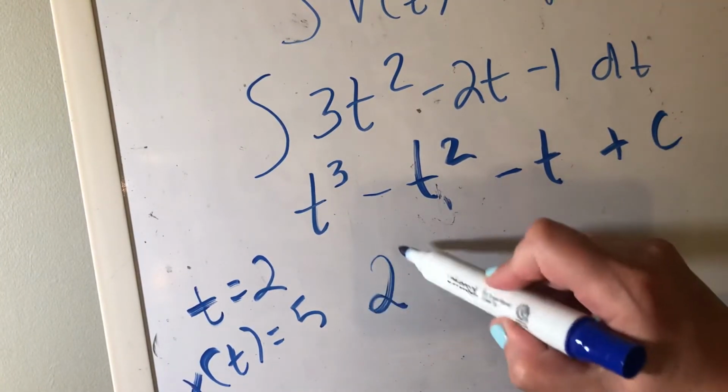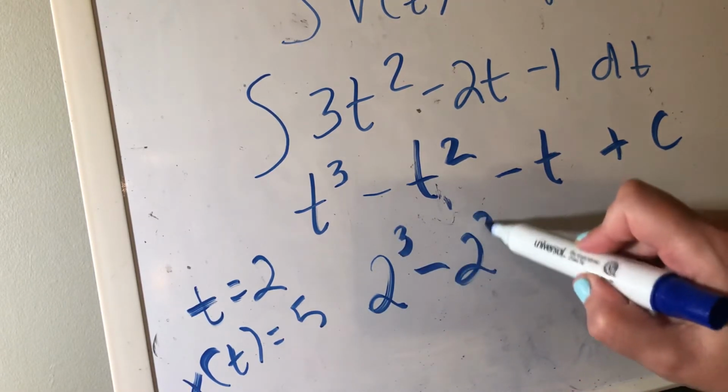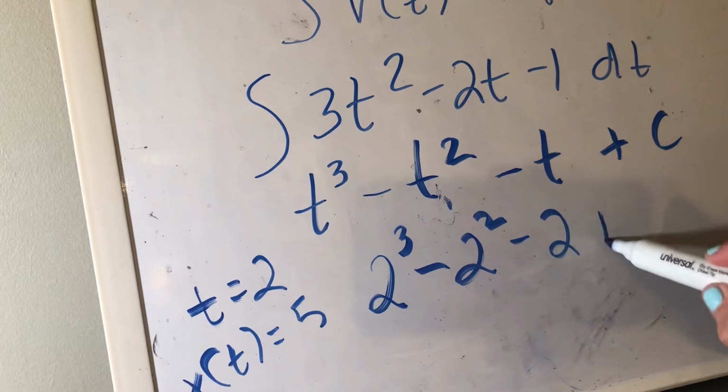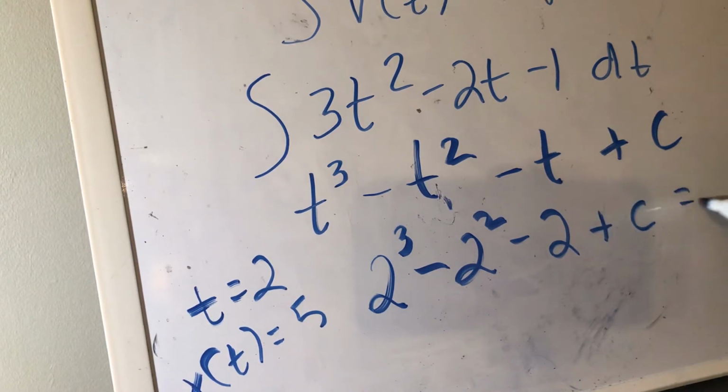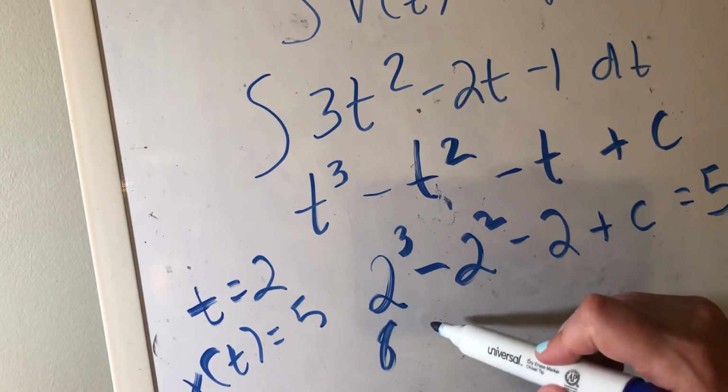So if you plug in 2 for all the t's, and then set it equal to the position, which you're told is 5, and solve that for c, you should get 3.